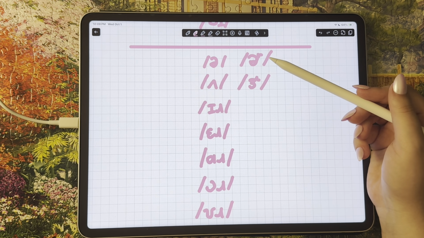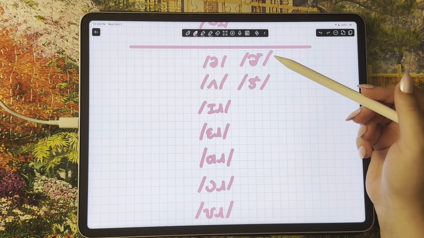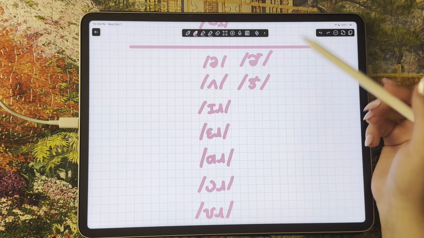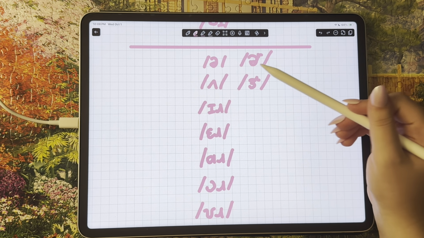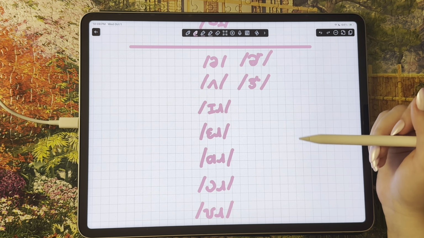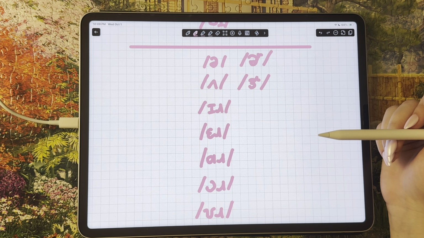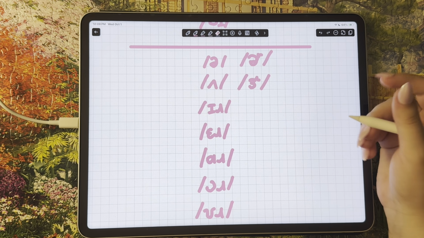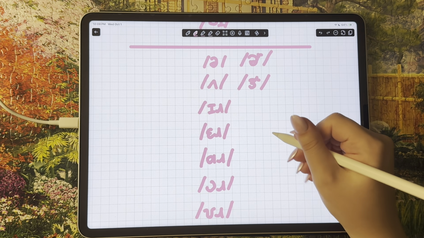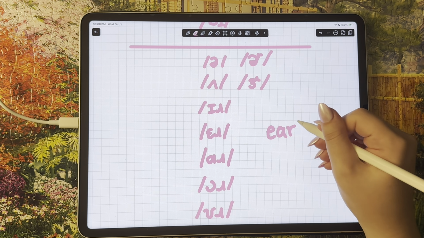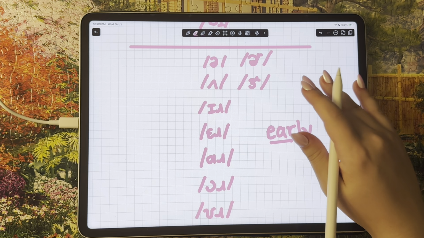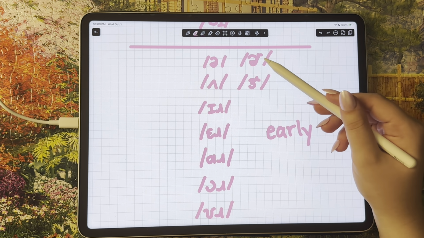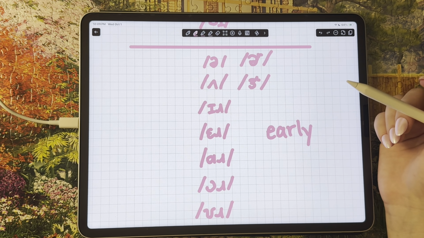So this is schwar, pronounced like herb with stress, like early, and for sure it would be like that.